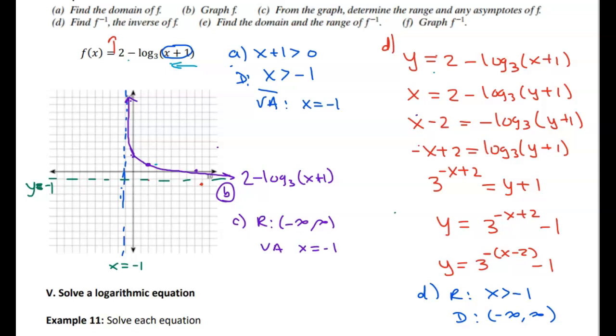Alright, and you can sort of graph this, or you can look at your points that we had on the log functions and switch the x and y values. That's probably a bit easier to do. So this point here is (0, 2), so we need the point (2, 0). This point here is (1, 2), so we need (2, 1).